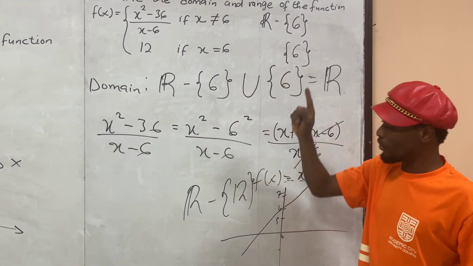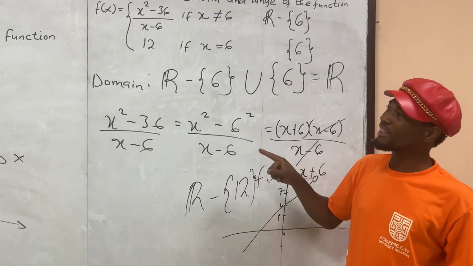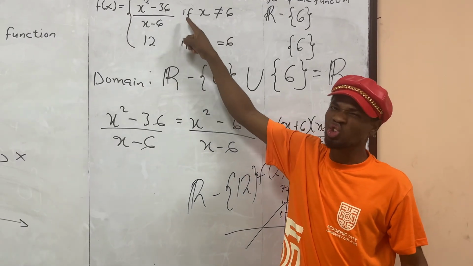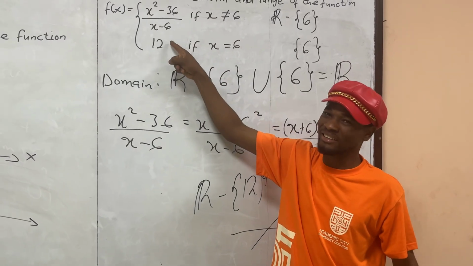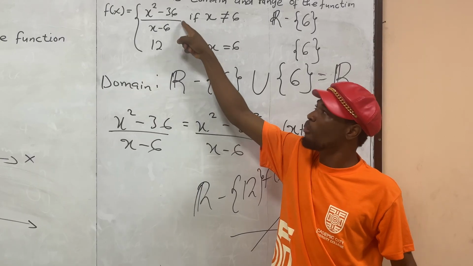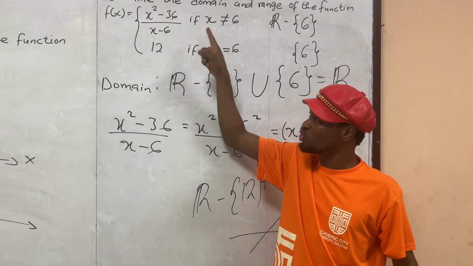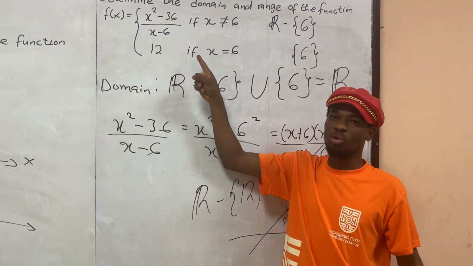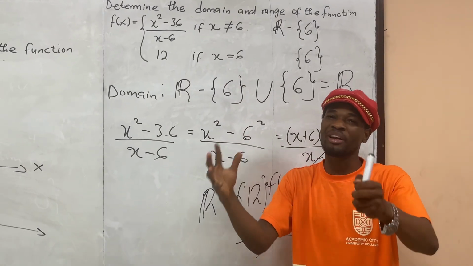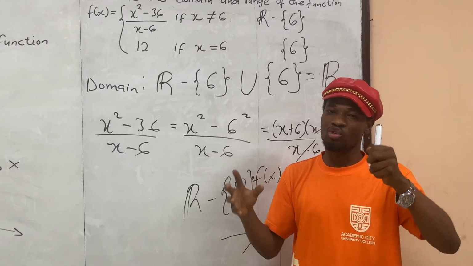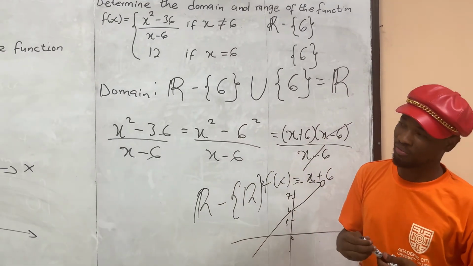Remember, the range of the formula is the range of this formula union the range of this. And the domain of this function is the domain of this function union the domain of this. Merging them together gives the overall range and the overall domain of the function given.